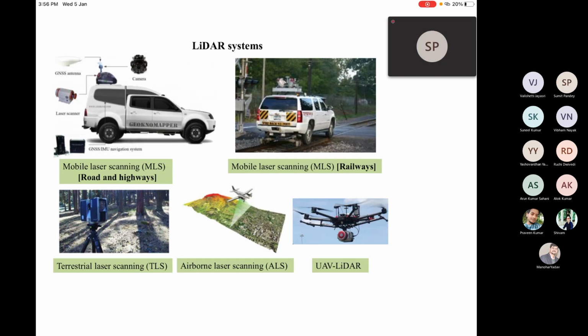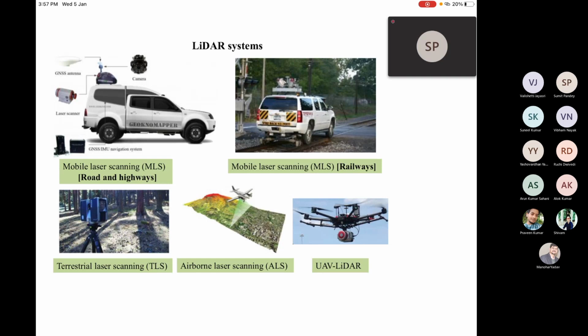The unit that is mounted on the car can be further mounted on a vehicle that runs on the railway track. This operation is also called mobile laser scanning for the railways. The first one is used for roads and highways. In the third case, it's a static operation.